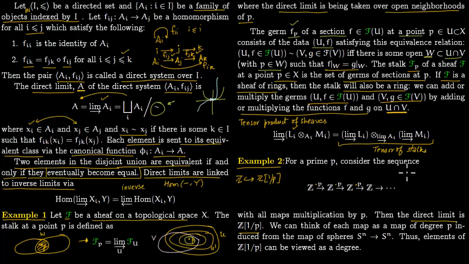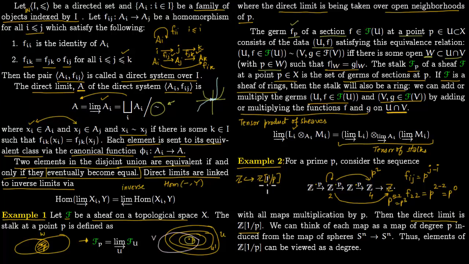What are these maps Fij? This is just P to the power of j minus i. So for example, if you want to talk about the map F22 from here to here, it has to be the identity map, right? So 2 minus 2, P to the power of 0. If you are going from position 2 to position 4, then you are multiplying by P squared, which is exactly 4 minus 2. If you are going to position 5, from here you have to multiply by P to the 5 minus 2, which is P cubed.